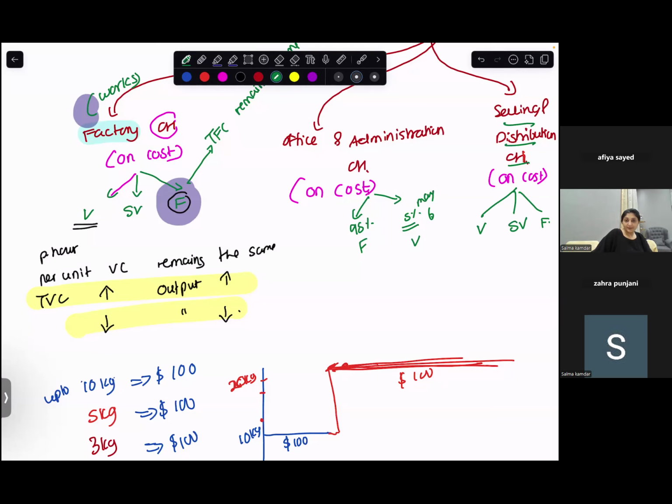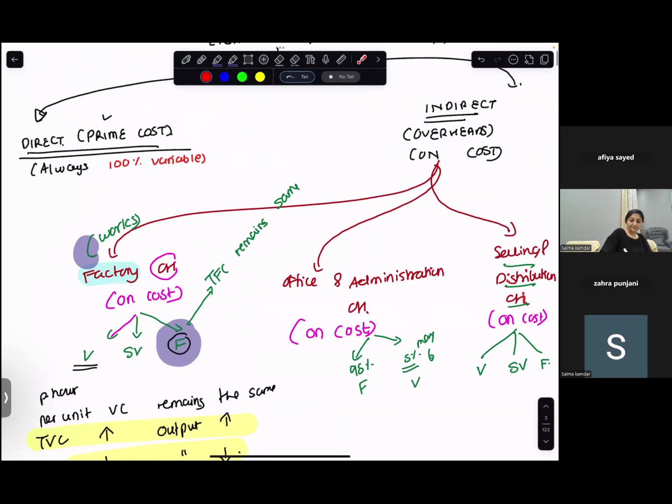Now I am going to add some things over here. Direct costs plus the factory overheads is going to give you something that is called the works cost.